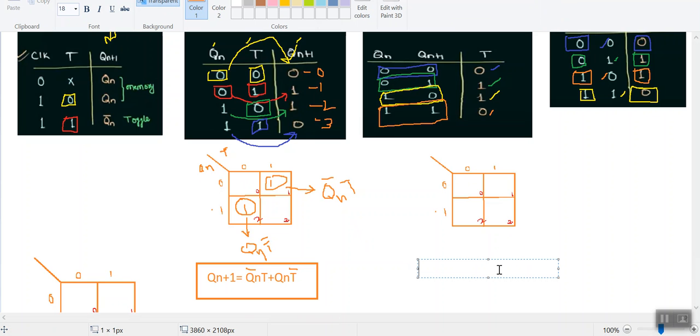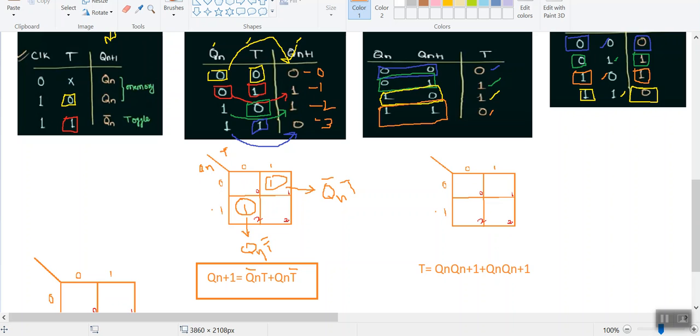So here T is equal to Qn bar into Qn plus 1 plus Qn into Qn plus 1 bar. So this is our excitation expression.